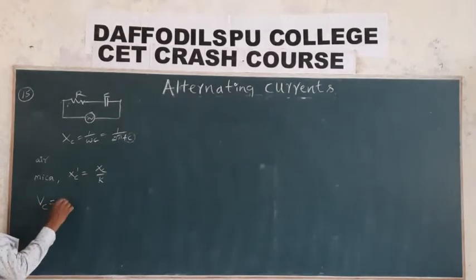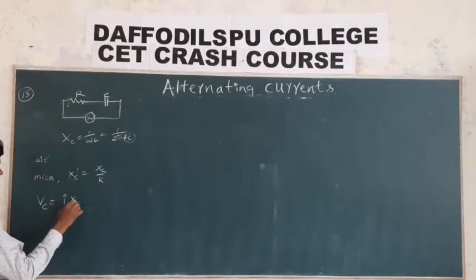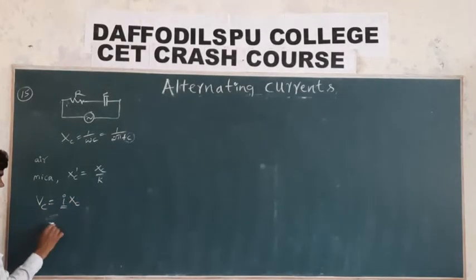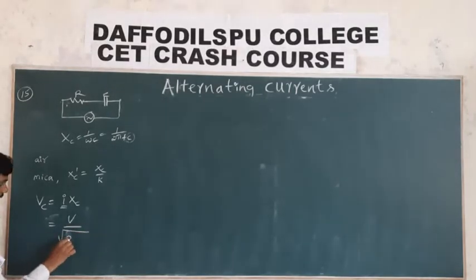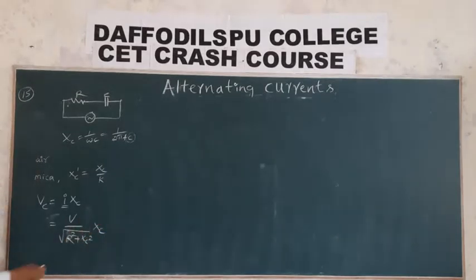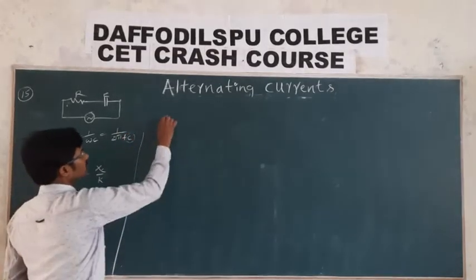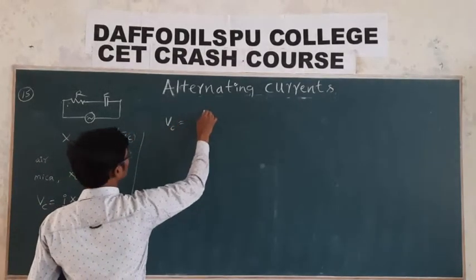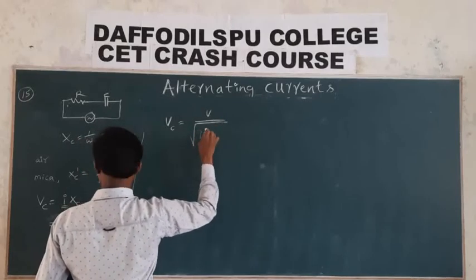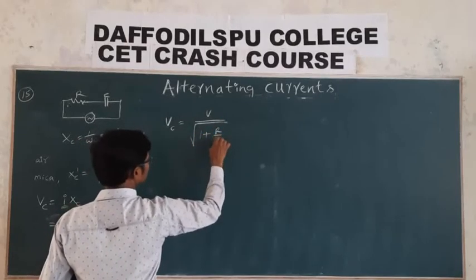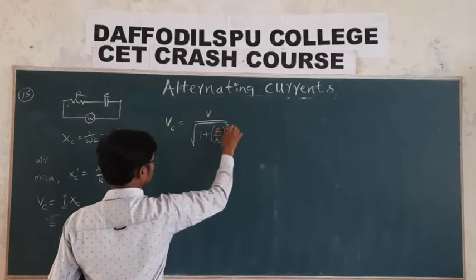V is equal to I into Xc. I is nothing but V by Z, and Z is root over R square plus Xc square. Taking Xc inside the root, Vc is equal to V by root over 1 plus R by Xc whole square.